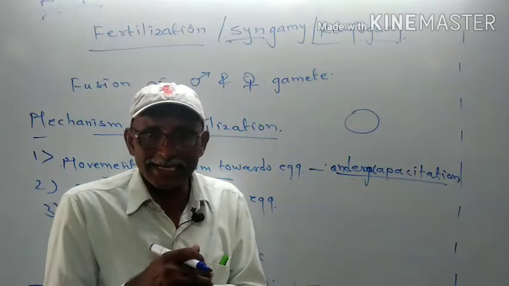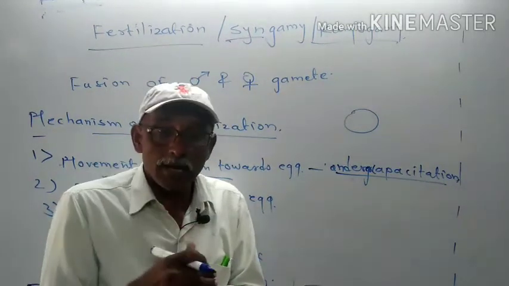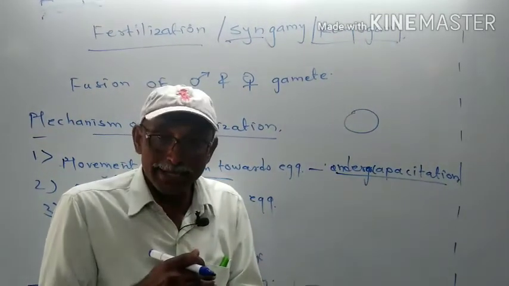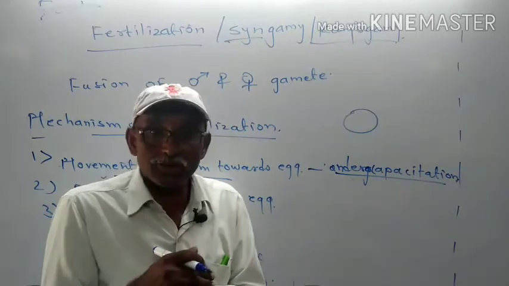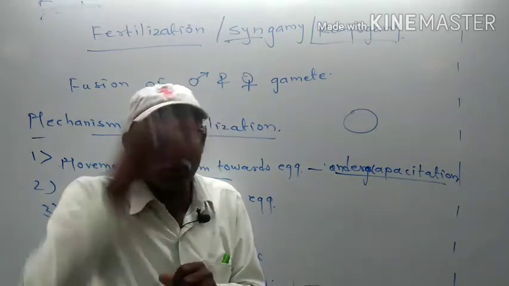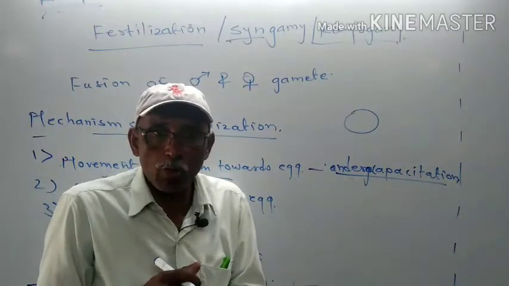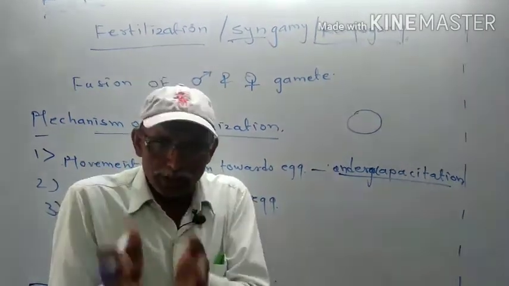Their motility is also increased. They need energy for swimming, which is provided by mitochondria.